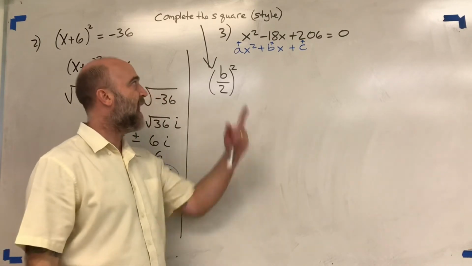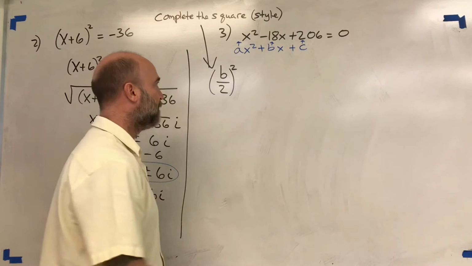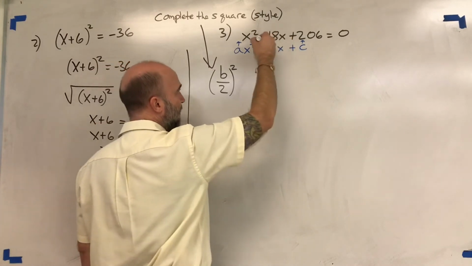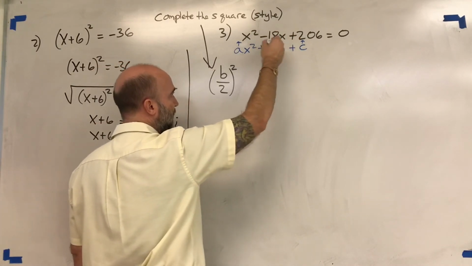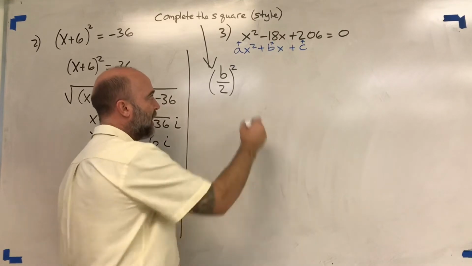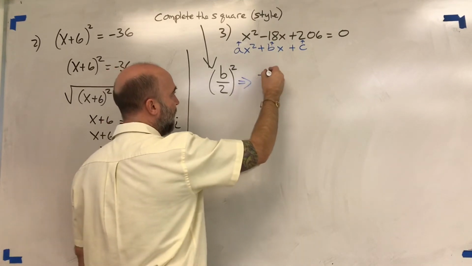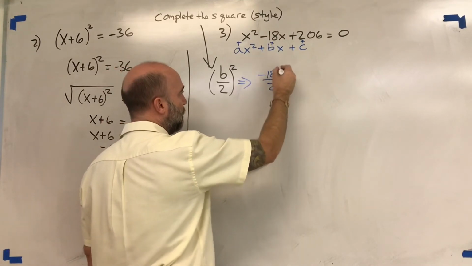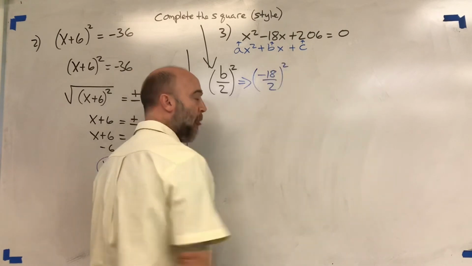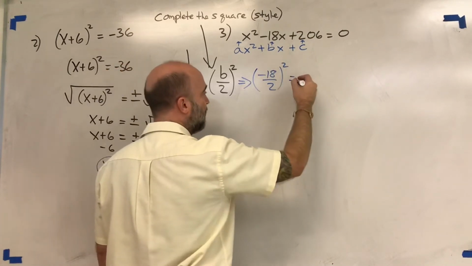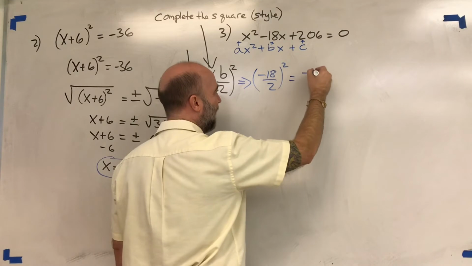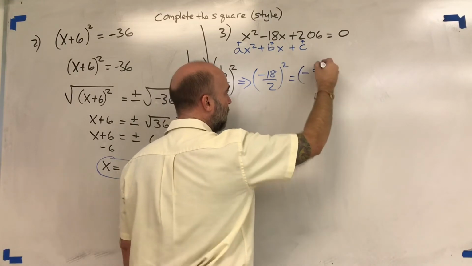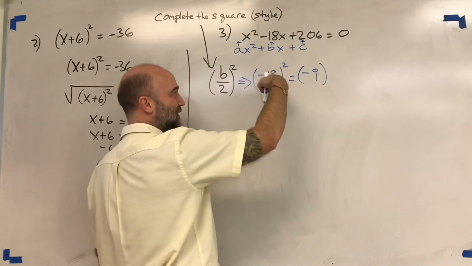I'm not worried about a, I'm only worried about the b here. So hopefully you can see we always look in front of the number to know what kind it is. It's a negative 18. So this means that's negative 18 over 2 quantity squared. This turns into a negative 9. We do the parentheses first this time.